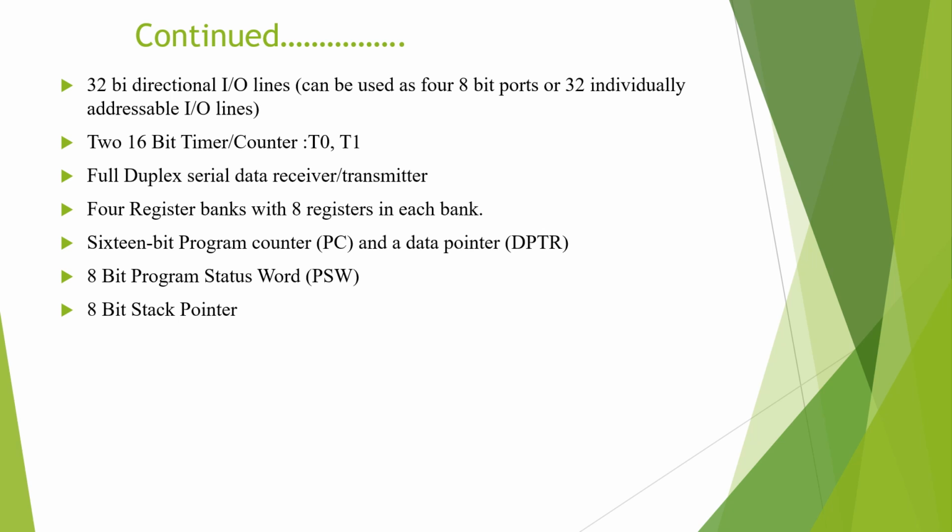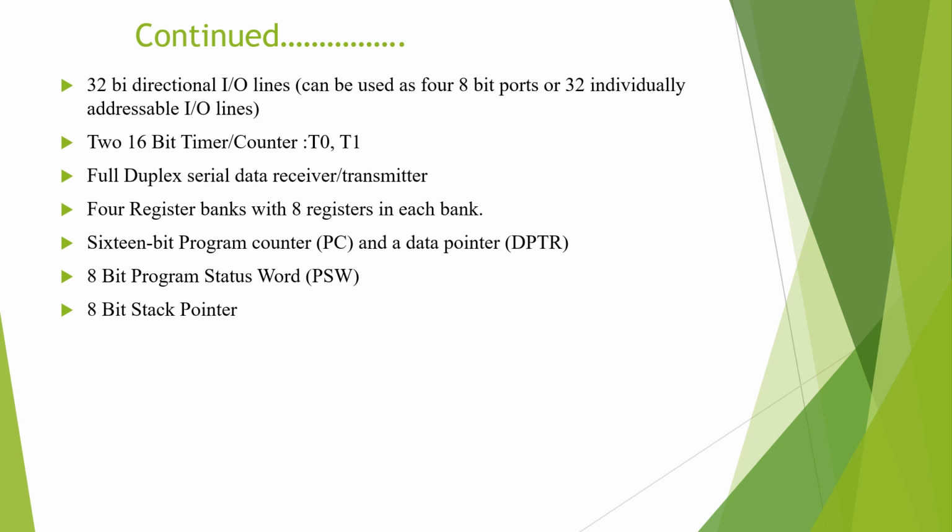There is an 8-bit program status word, which is known as PSW, and an 8-bit stack pointer, and we know that the stack pointer points to the address of the stack. We will discuss all these registers in detail in the next few slides.